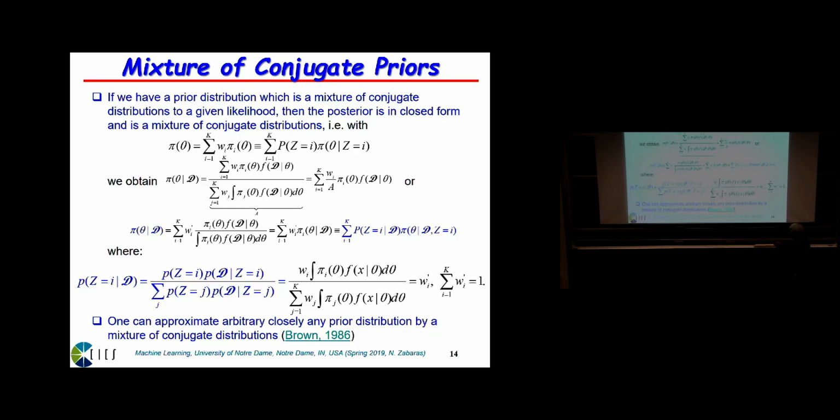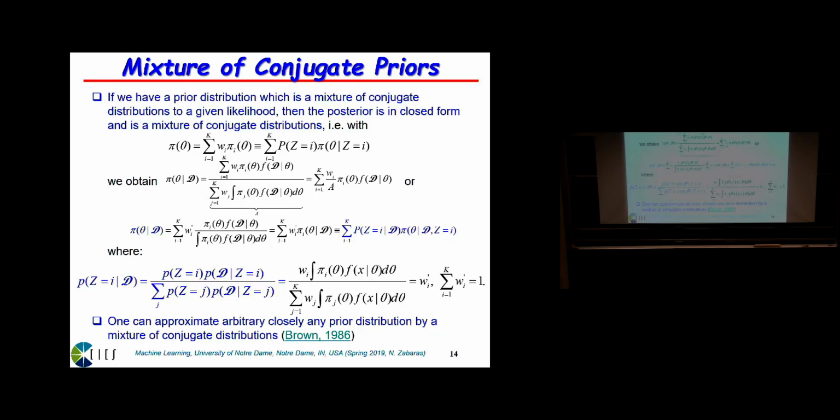The bottom line is the posterior is also a mixture of distributions, and each of these distributions is basically an update of the prior, especially in the particular case that these priors are conjugate to the likelihood.